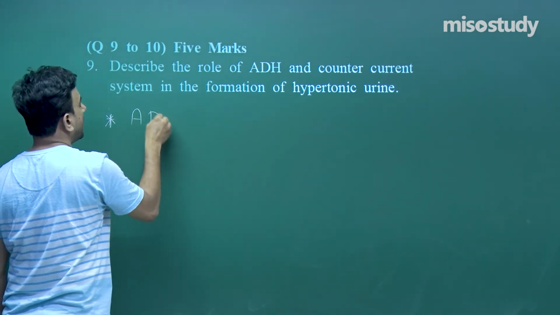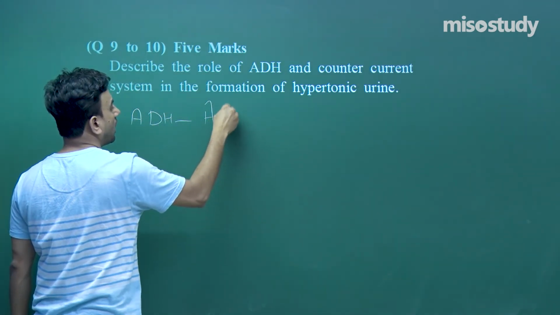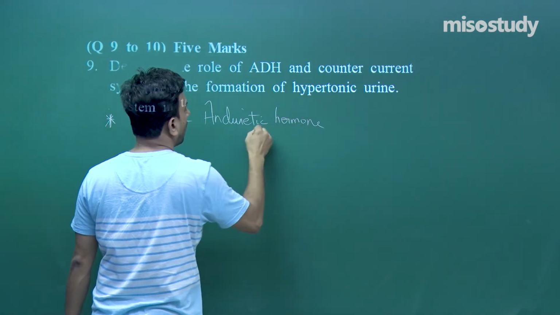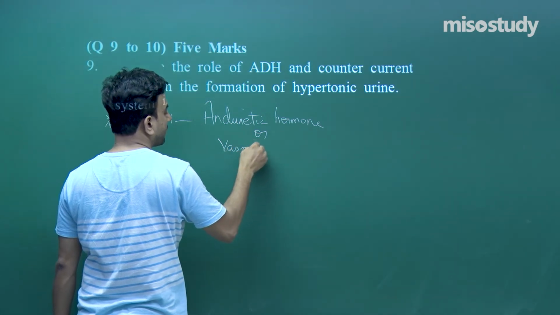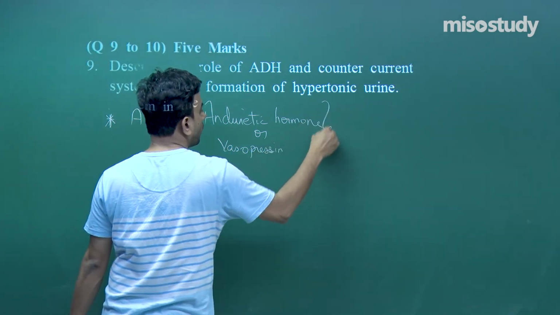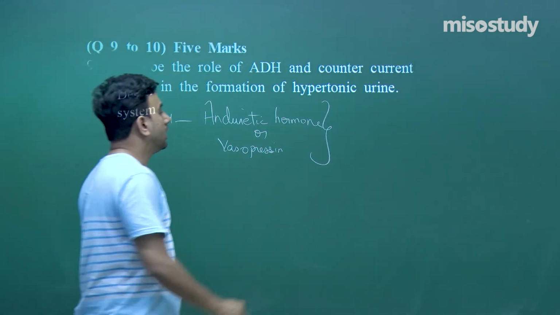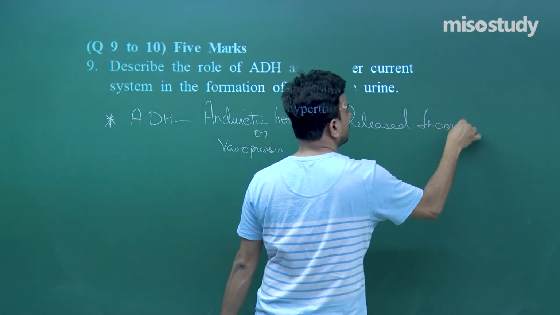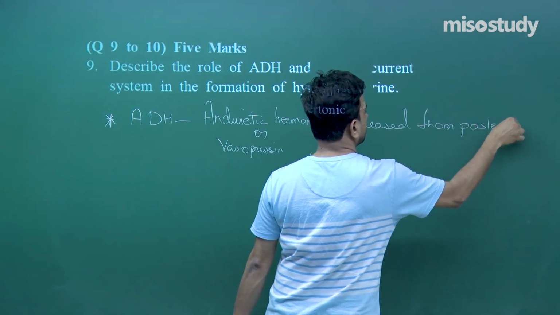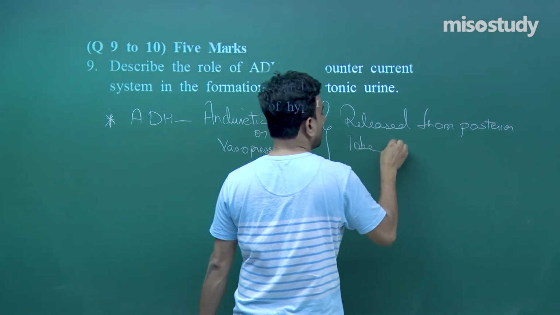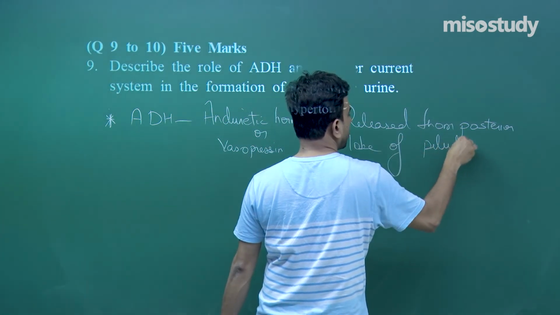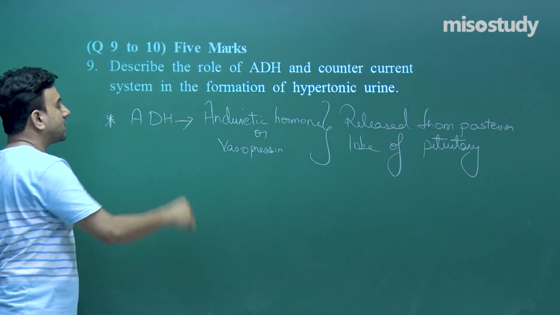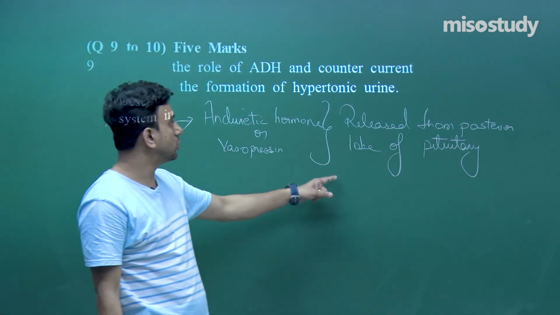ADH is the anti-diuretic hormone, also called vasopressin, which is released from the posterior lobe of the pituitary.